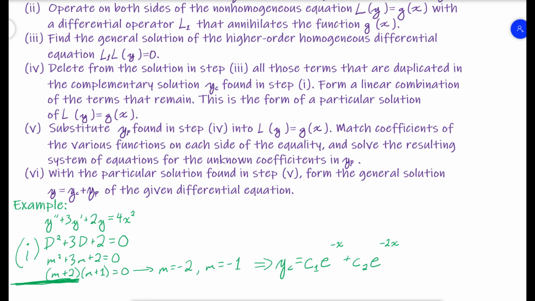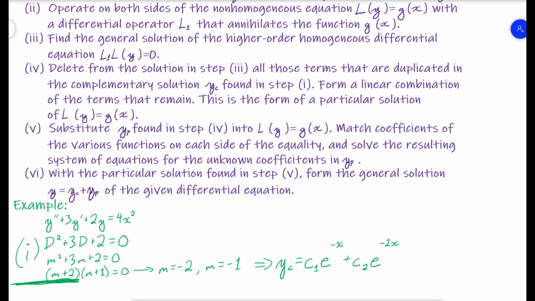Step 2 says operate on both sides of the non-homogeneous equation L of y equals g of x with a differential operator that annihilates the function g of x. My function g of x is 4 times x squared. To annihilate x squared, I need to take the third derivative, so I need to use a differential operator of D cubed.